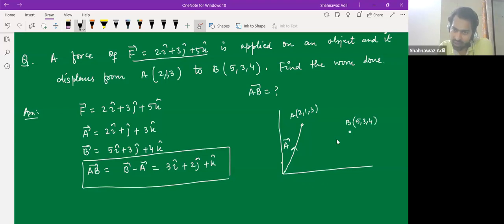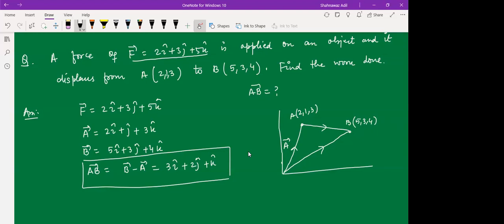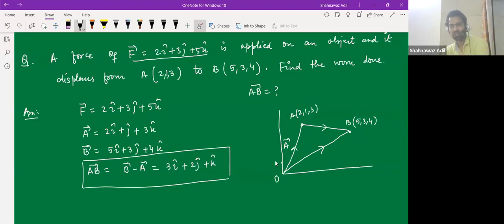This is this vector. So displacement is this, right? Yes, sir. So do we know the triangle's law? This is B. What is the triangle's law?